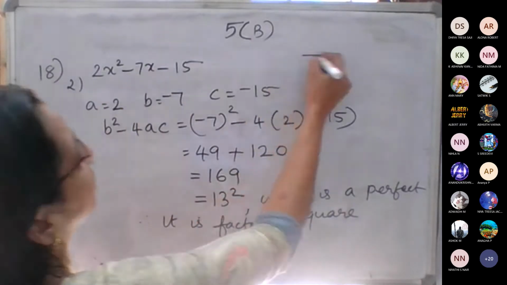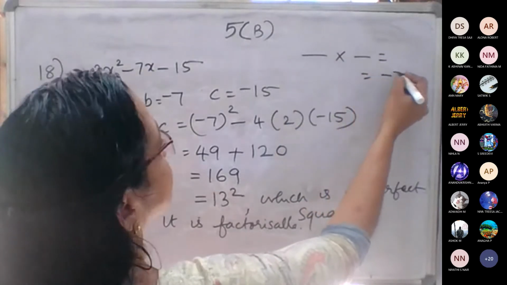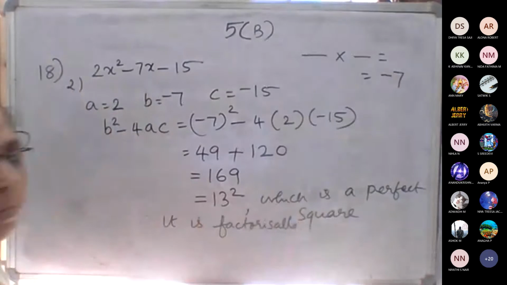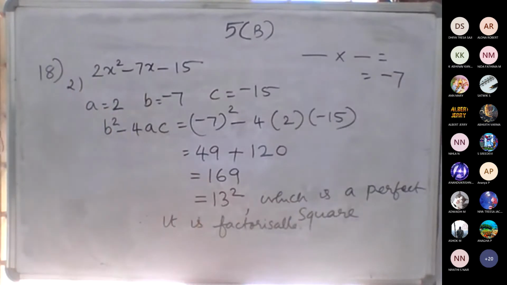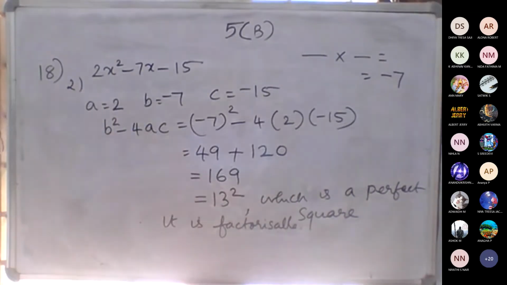So if it is factorizable, we can write 2x square dash into dash, then next is negative 7, dash into dash will be what? Negative 15 into 2, negative 30.